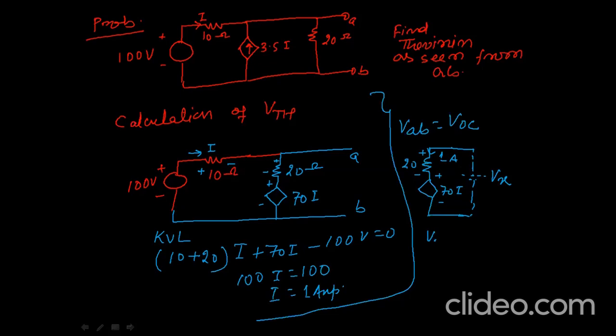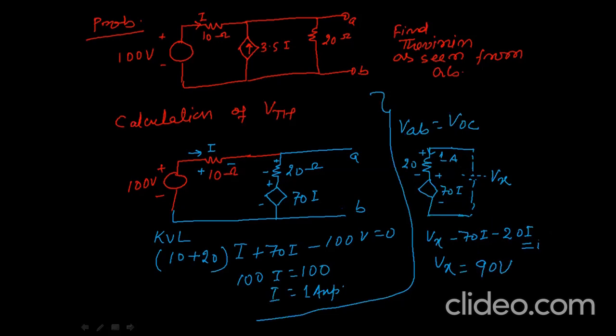So Vx will be positive, and here entry point is negative, so minus 70 I, and again entry point is negative, so minus 20 I equal to 0. And how much I? I is 1 ampere. This 1 ampere current is going, so Vx will be 90 volt.